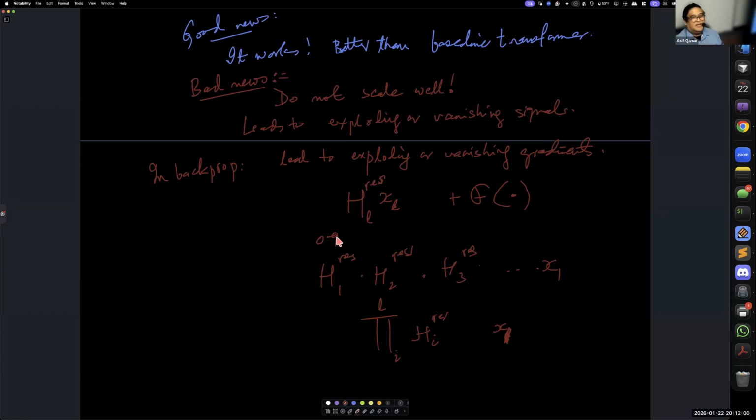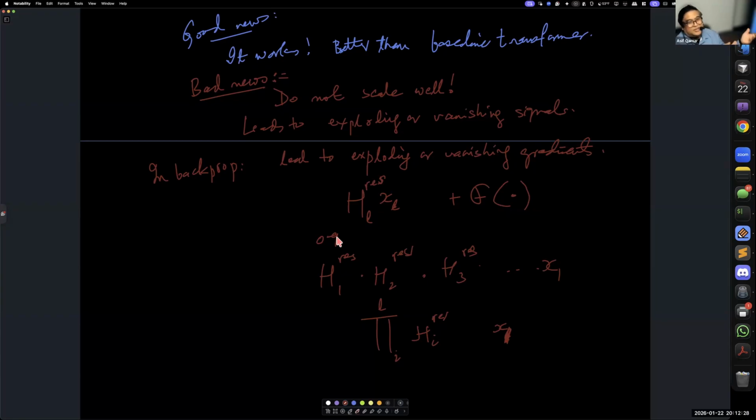So the forward signal vanishes. On the other hand, if this matrix, for some reason on a channel, is amplifying the input signal a little bit, 1.01, what will happen when you multiply hundreds of those numbers, which are just a little bit more? It will explode, right?